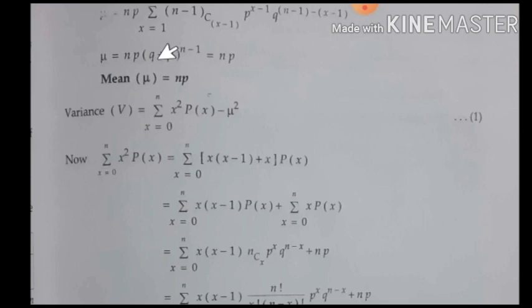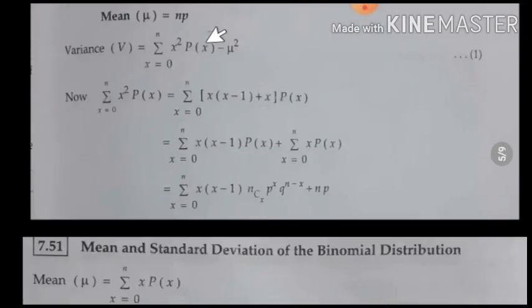So 1 to the power of n minus 1 is 1 itself. So the mean we are going to get is n into p. You need to work out the expansion of this summation, how it reduces to the form of q plus p whole to the power of n minus 1. You can refer to this step.